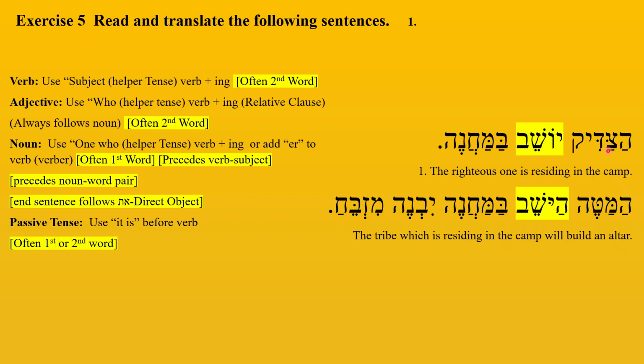So Hatzadik is the righteous. Now, if you didn't remember, this could be a little confusing. Remember that you can turn an adjective into a noun by adding the word one to it. So the tells you that this can't be an adjective, it has to be a noun. So the righteous one is residing, yep, that works, in the camp.